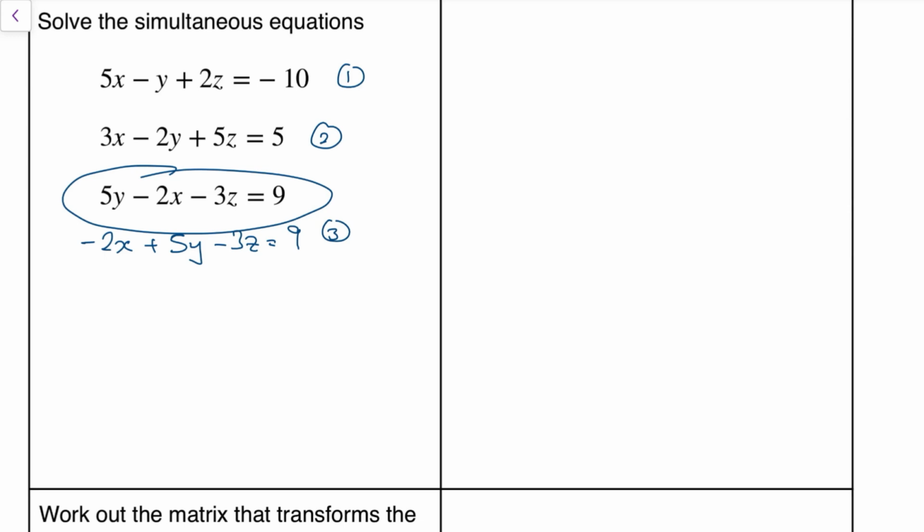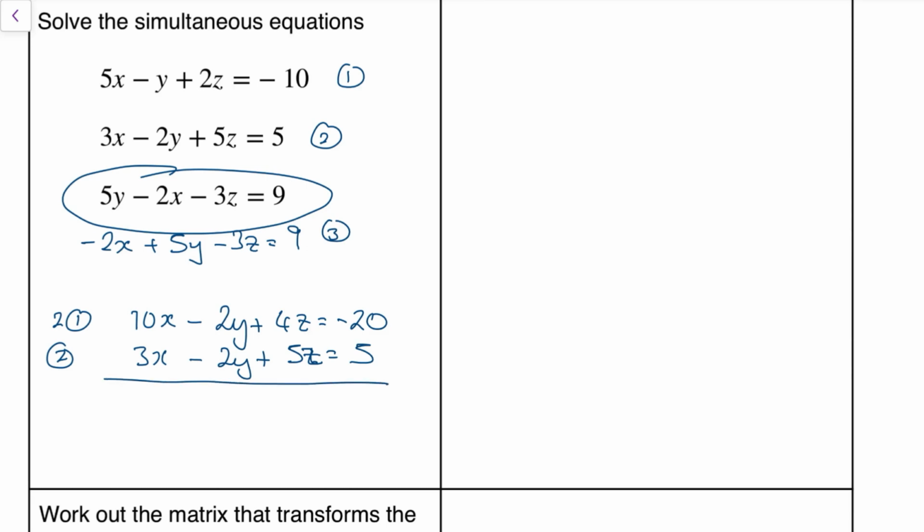So I'm going to pause while I think about the best thing to do. Probably eliminate y. So let's do 2 lots of equation 1, and let's write equation 2 underneath. That gives me 10x minus 2y plus 4z is equal to minus 20. Then 3x minus 2y plus 5z is equal to 5. And then I'm going to take these away.